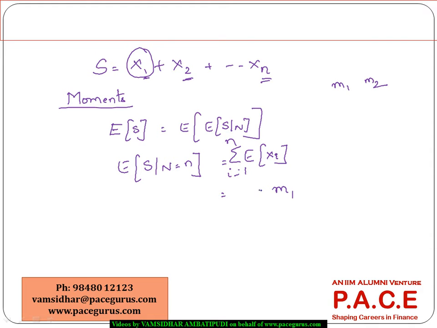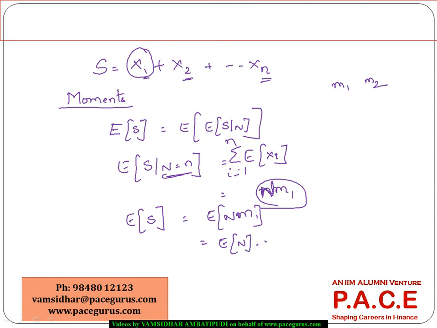Now over n we have this, so the expected value is becoming n m1, right? So the expected value of S now, forget about N equal to n. Now if I am taking expected value of S, it is becoming expected value of N m1, which is also coming out as expected value of N times m1.